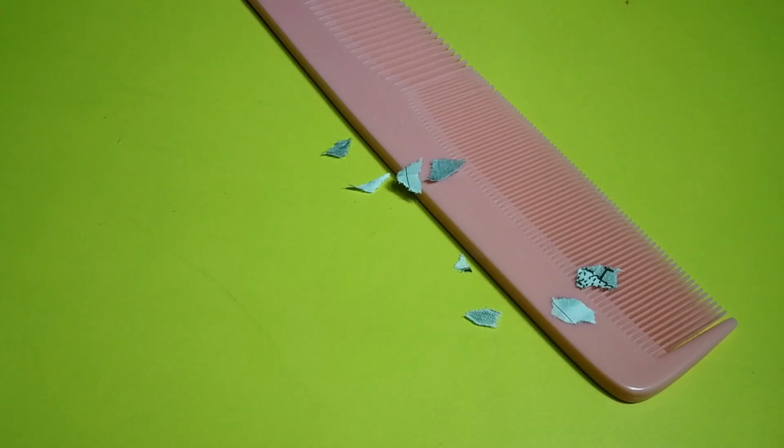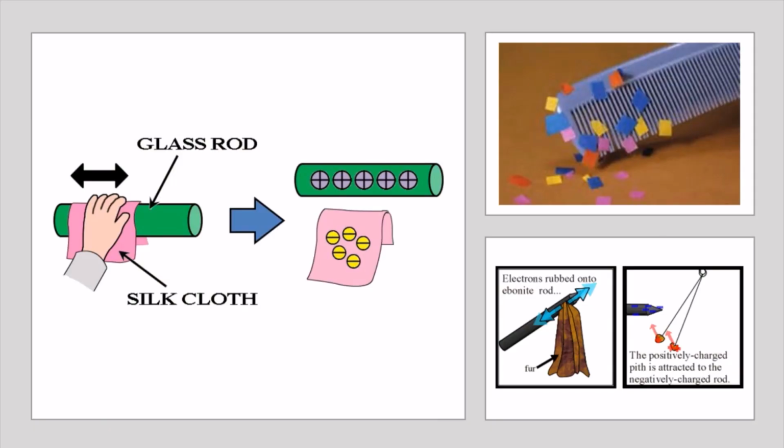This electrically charged comb exerts an external force on the tiny pieces of paper and attracts them. Similarly, a glass rod rubbed with a silk cloth and an ebonite rod rubbed with fur also acquire the ability to attract small pieces of paper and are said to have electrically charged.